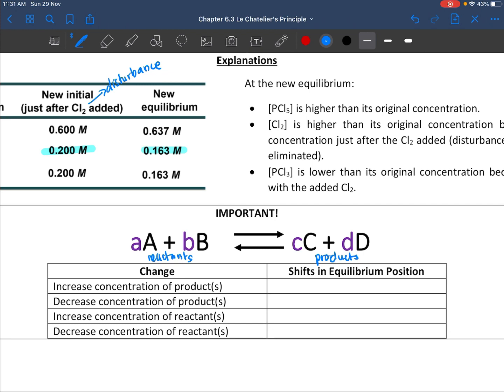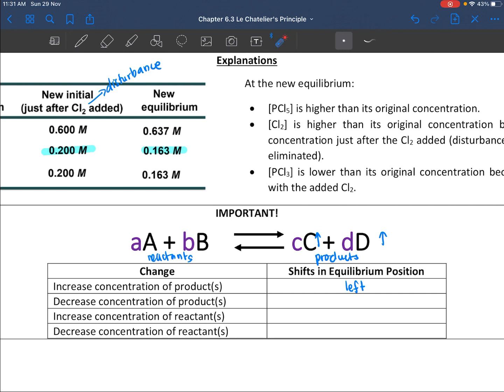Okay, so kalau kita increase the concentration of product, that means kita akan tambah C and D. Okay, so concentration C and D meningkat. So, sistem tu akan kurangkan concentration C and D dengan cara shift to the left untuk hasilkan lebih banyak A dan B. Okay, so shift in equilibrium position adalah to the left.